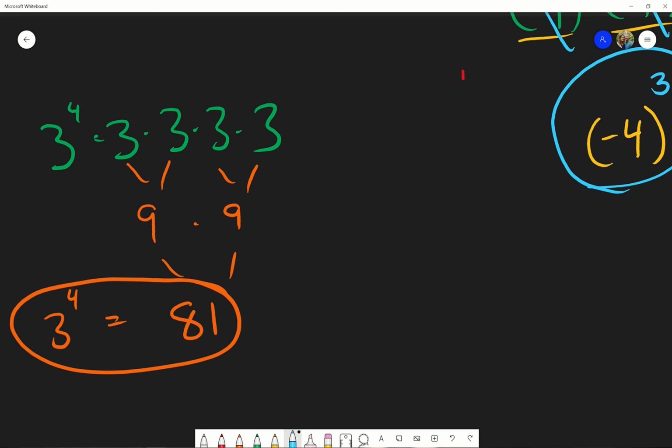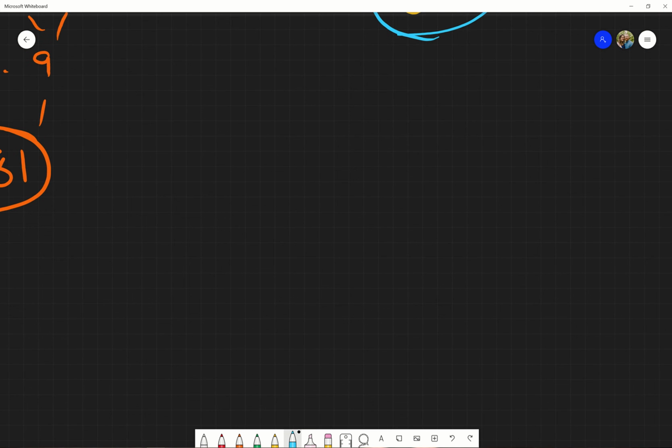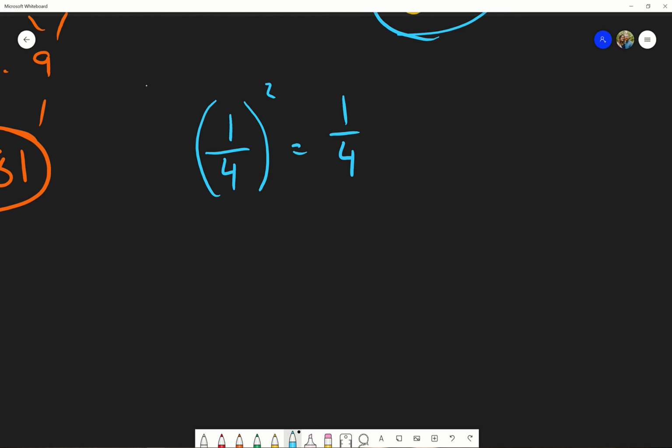Let's say I had something like a fraction. And I want to raise a fraction to a power. I want to square 1/4. I want to times 1/4 by itself. I'm going to do the same thing. I'm going to say, all right, well, this is 1/4 times 1/4.